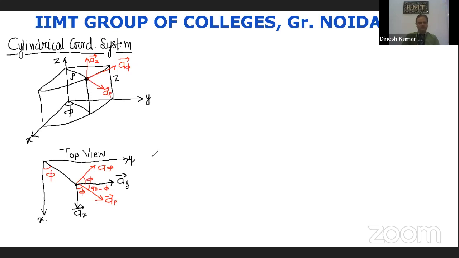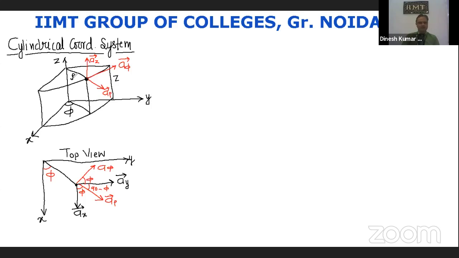The second surface is the vertical plane, and this vertical plane is making an angle of phi, as shown in the diagram. The third surface is the horizontal plane, shown on top of this figure.